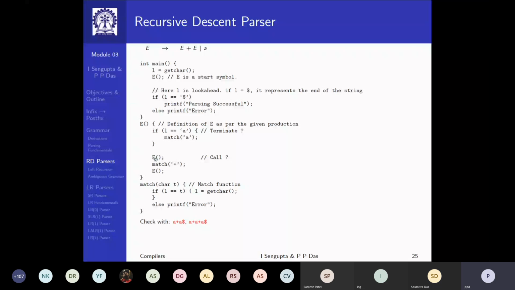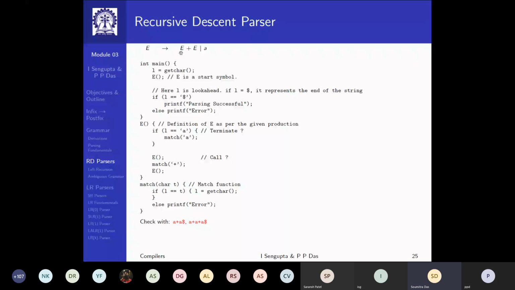So that is the difficulty, because you are not getting the clue. If it is a recursion, there will have to be an exit. So the exit is using the second production, but you cannot guess that by looking at the first production. So you do not know when to use the second production and when to use the first production.